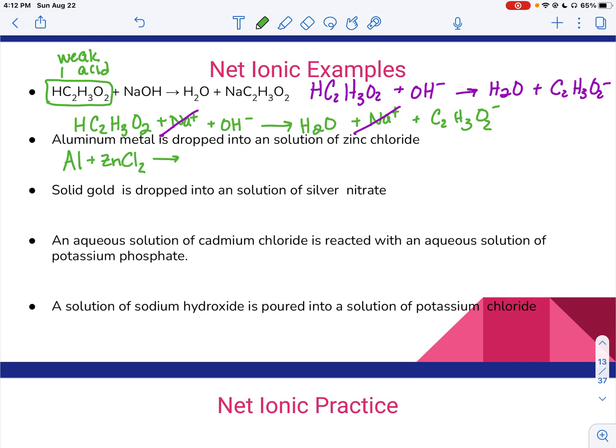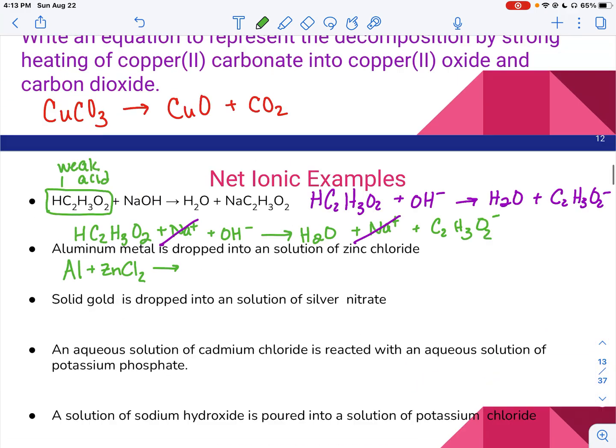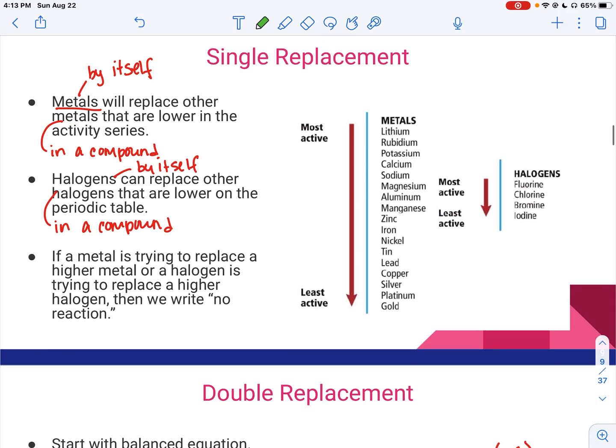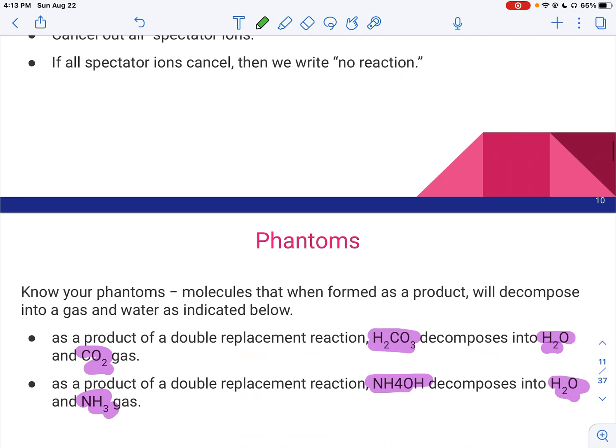It's a single replacement reaction, so the first thing I should do is make sure it actually happens. If I go up to my activity series, aluminum is right here and zinc is right here. Since aluminum, the metal by itself, is higher, this reaction will happen.